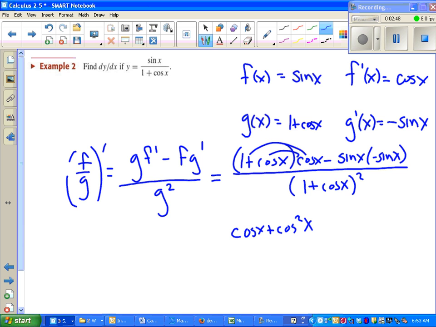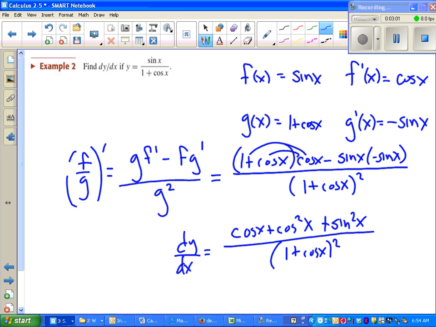And negative sine x times negative sine x would be plus sine squared x, all divided by 1 plus cosine x squared. Now, you might think you're done at this point, but you're not. If you want to try to figure out what to do next, pause the video, otherwise I'm going to move forward.